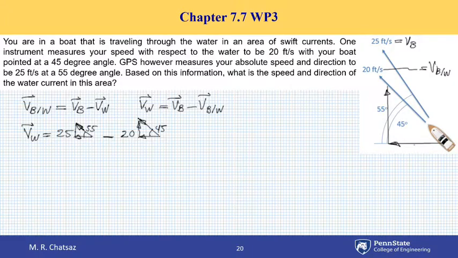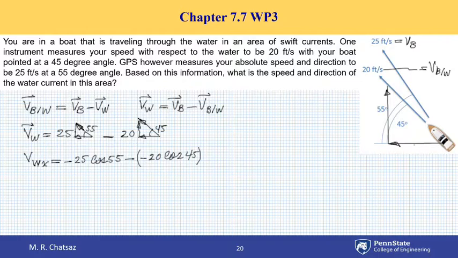So x component of velocity of water is minus 25 cosine 55 minus this vector which is to the left, therefore it is negative 20 times cosine of 45. So the end result is going to give me a positive there.